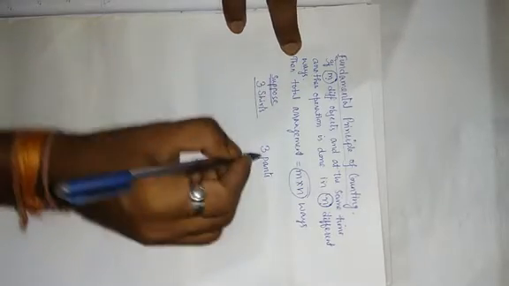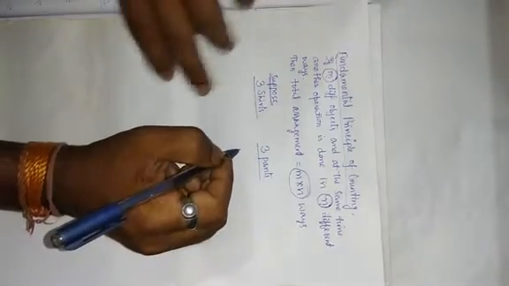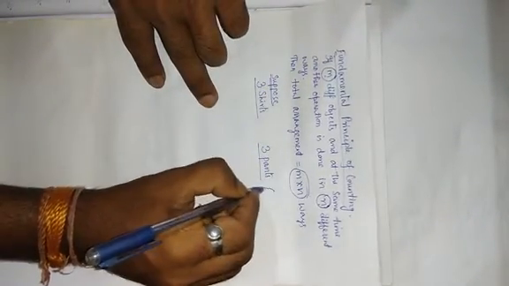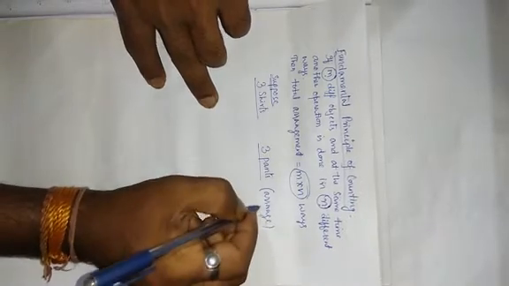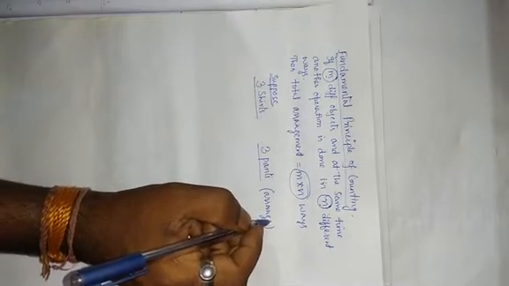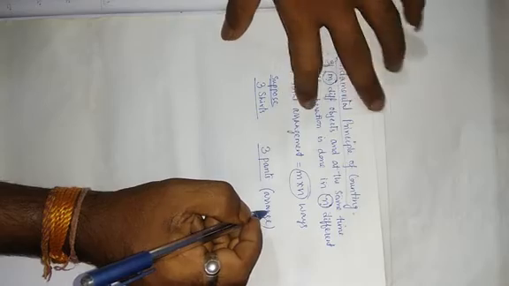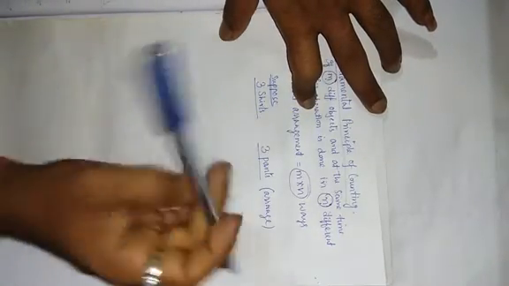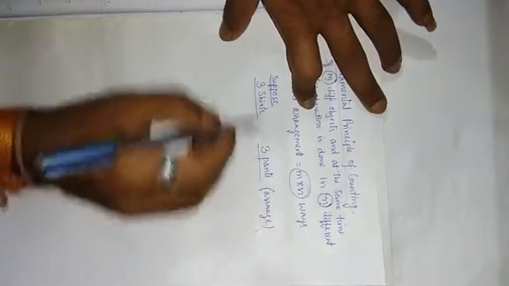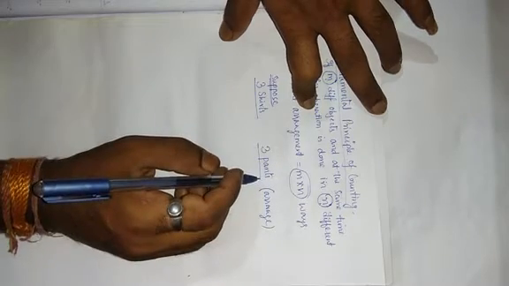How many shirts? 3 shirts and 3 pants. Now I am telling you to arrange. What you have to do? Arrange the possible combinations of shirts and pants.